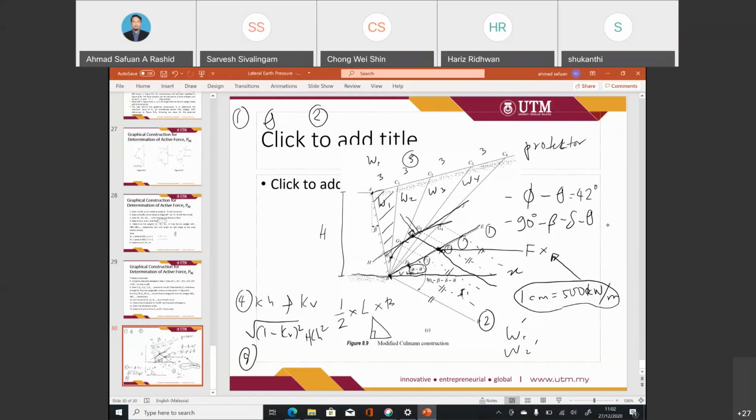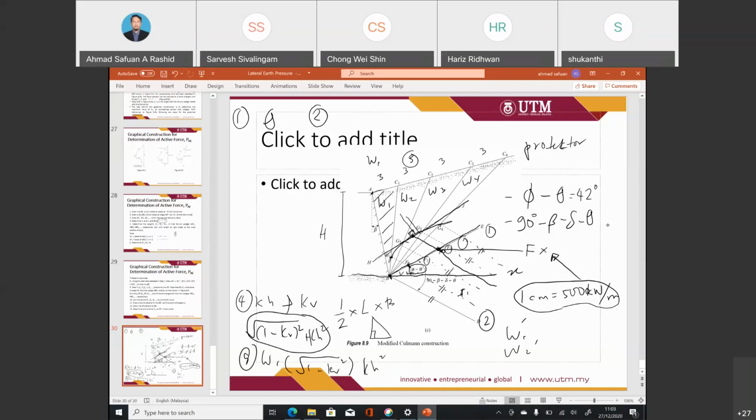Then multiply W1 with this equation, W1 multiplied with the square root of (1 minus KV) squared plus KH squared. So that is for W1, W2, W3, W4.